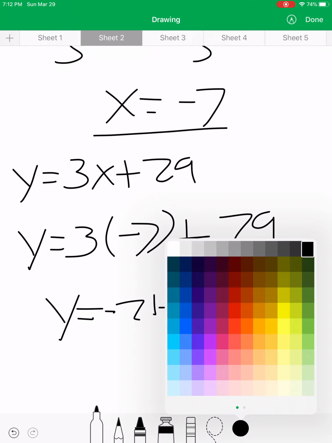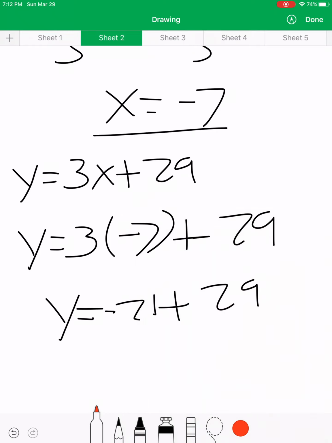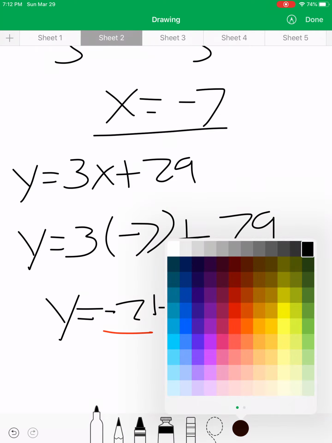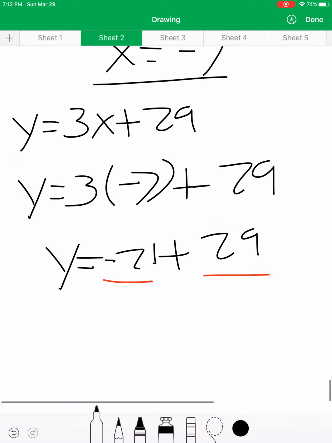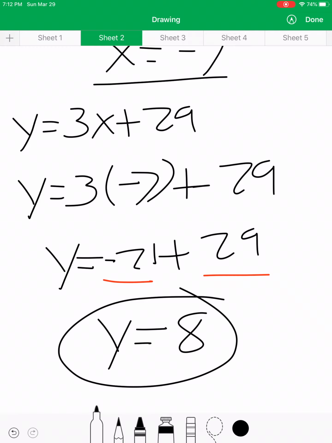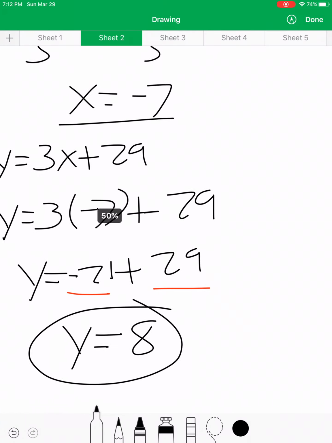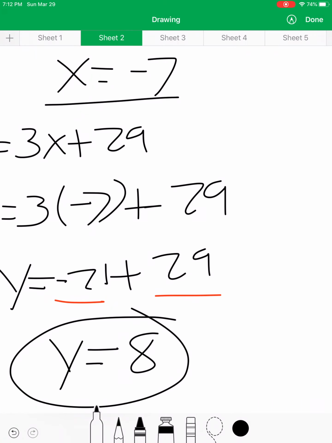Signs are different. When signs are different, you subtract, take the sign of the larger integer. Negative 21 plus 29, y equals positive 8. Always write your final answer as an ordered pair. So your final answer should be negative 7 and positive 8, because remember, it's always xy.